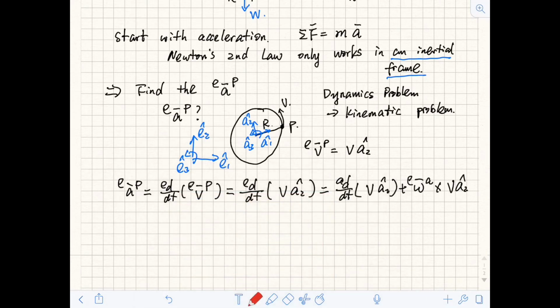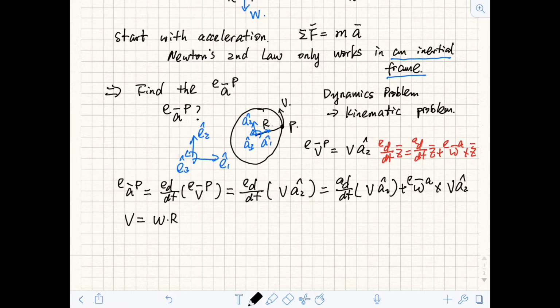So again, just as a reminder, in the kinematic equation, now the question becomes, how do we find the angular velocity of A in E? If you remember, for a circular motion, the velocity is equal to the angular velocity of the rotation times the radius.